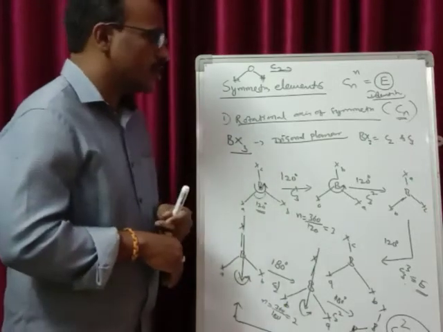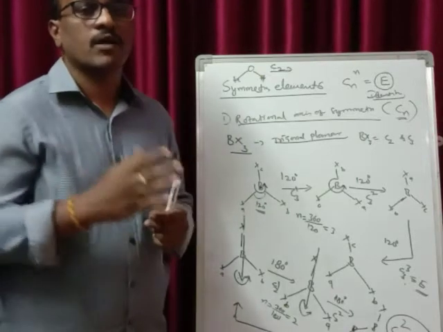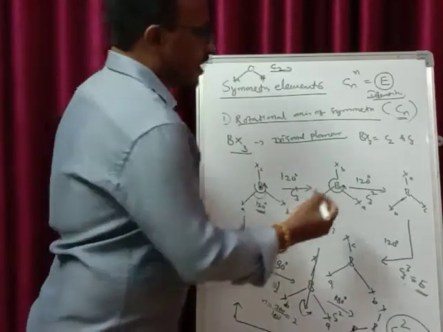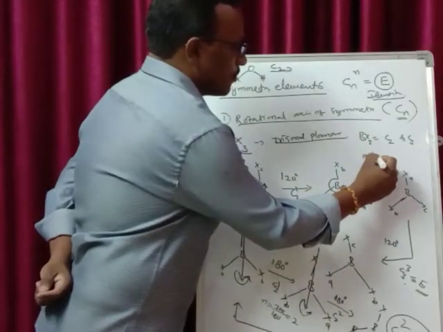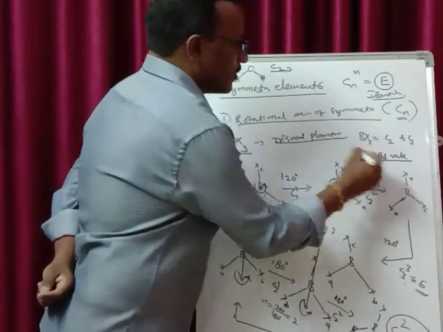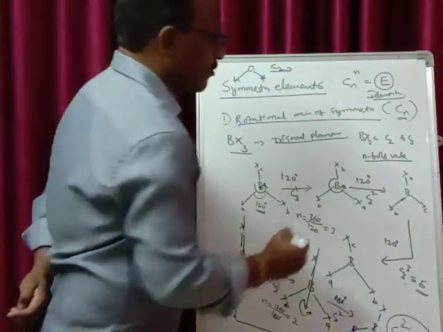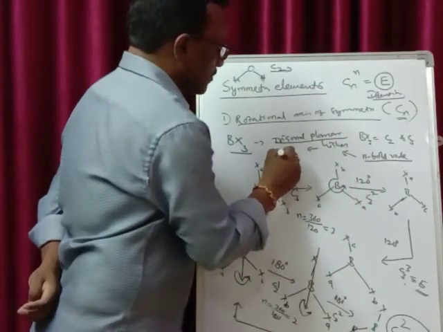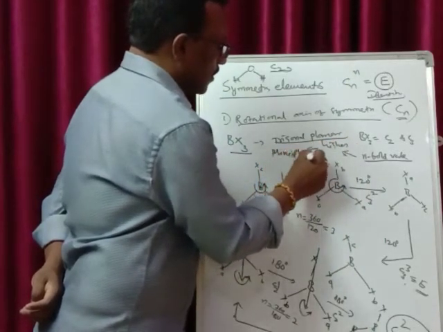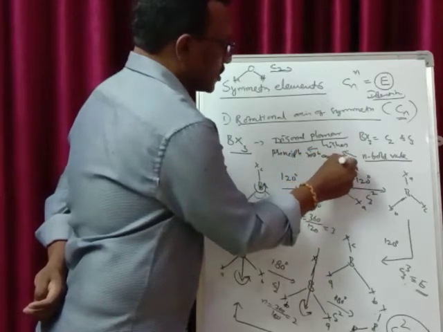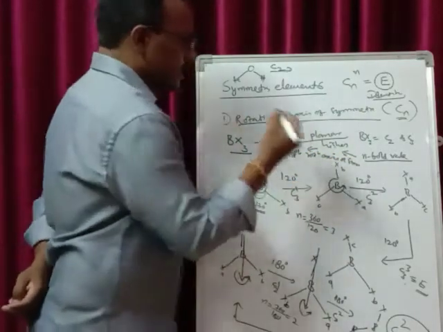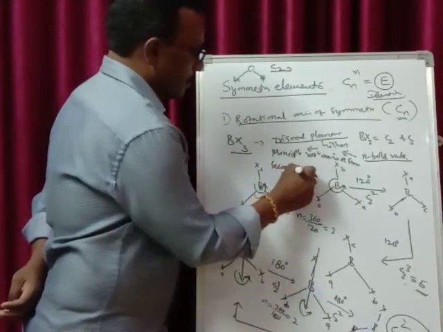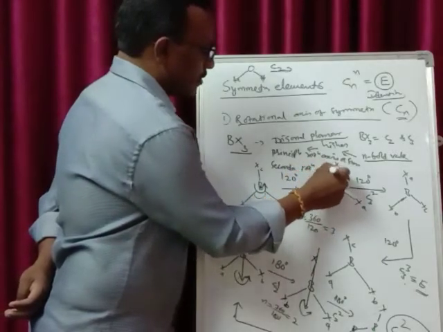Whenever a molecule has more than one type of rotational axis of symmetry, the rotational axis of symmetry with the highest n-fold value will become the principal rotational axis of symmetry, and the rest of them become secondary rotational axes of symmetry.